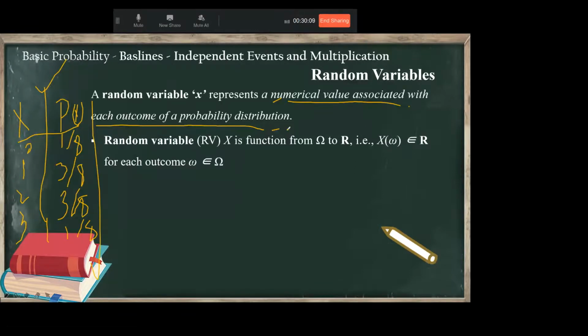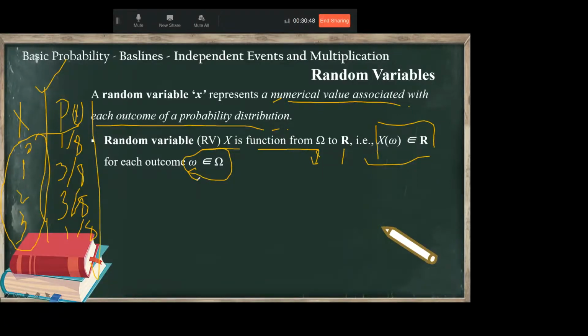Whatever the sample space is, we are performing. Now, in a probability distribution, we take a value against each random variable. So these are the random variables, and we take a value against each of them, so that we can define random variable X as a function from the sample space to R. R is a random variable, such that it belongs to R for each outcome w, which belongs to the total sample space.